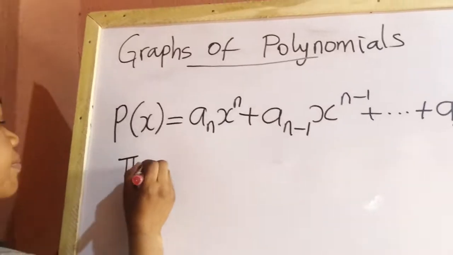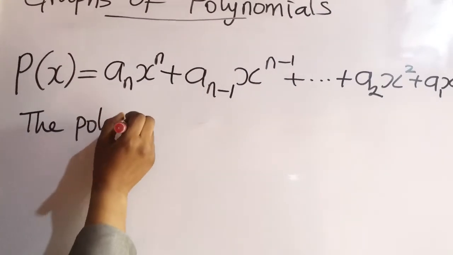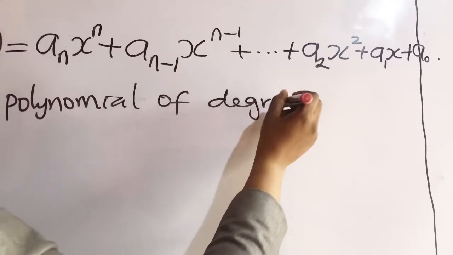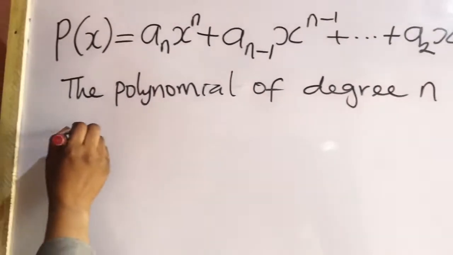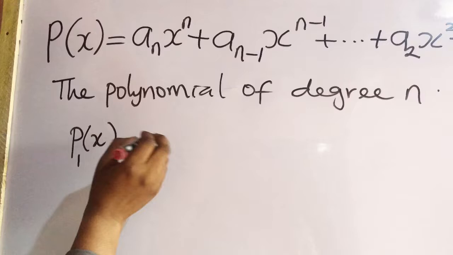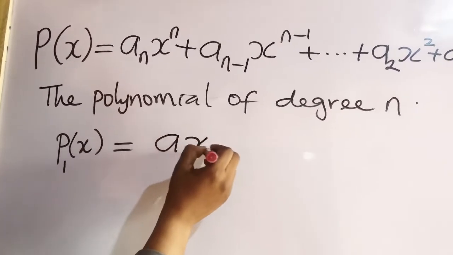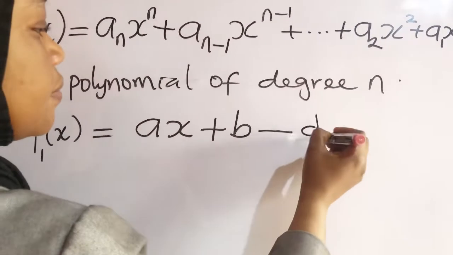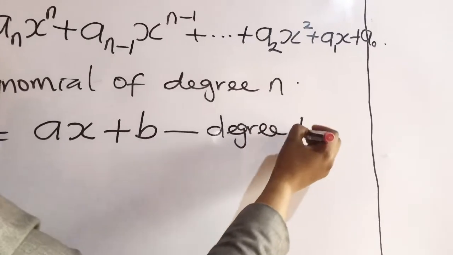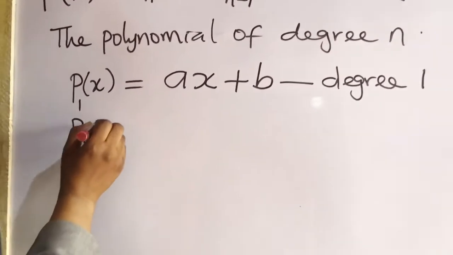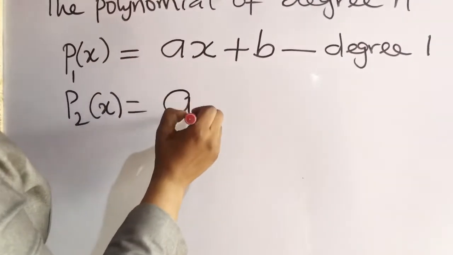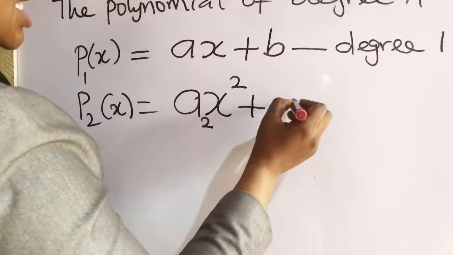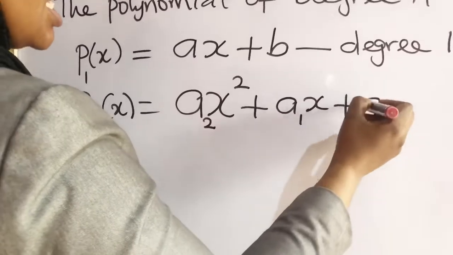So the polynomial of degree n. So if we write p1 of x to be equal to a x plus b, or a naught, this is a polynomial of degree 1. So p2 of x is equal to a subscript 2 x squared plus a1 x plus a naught.